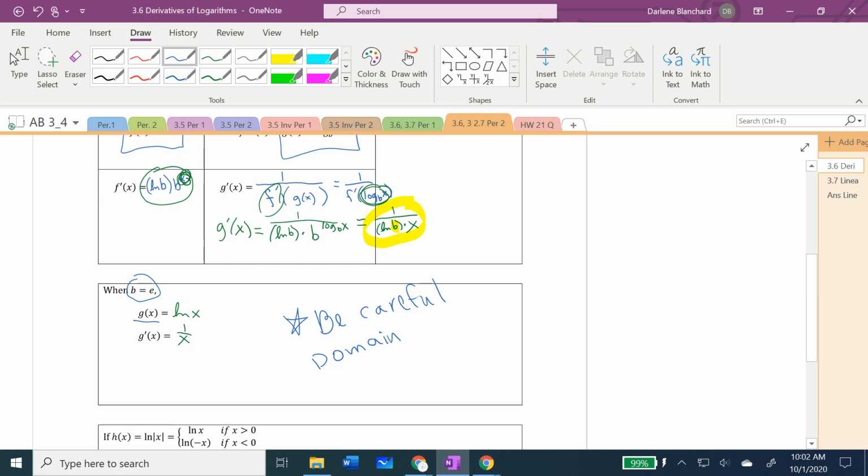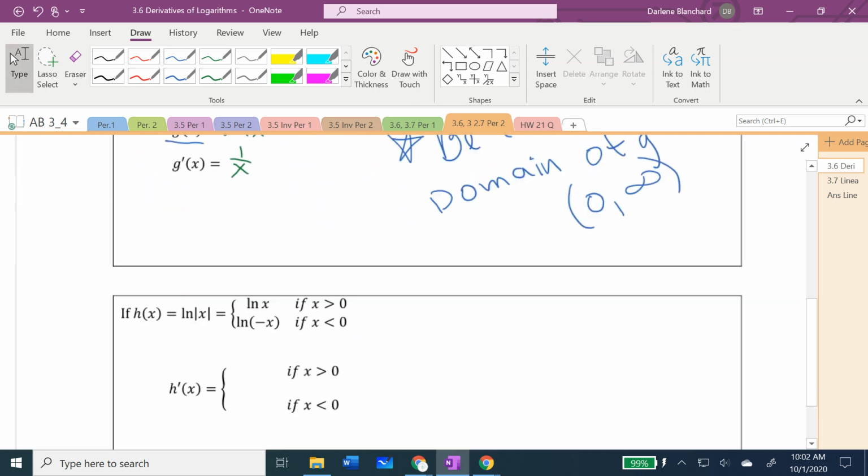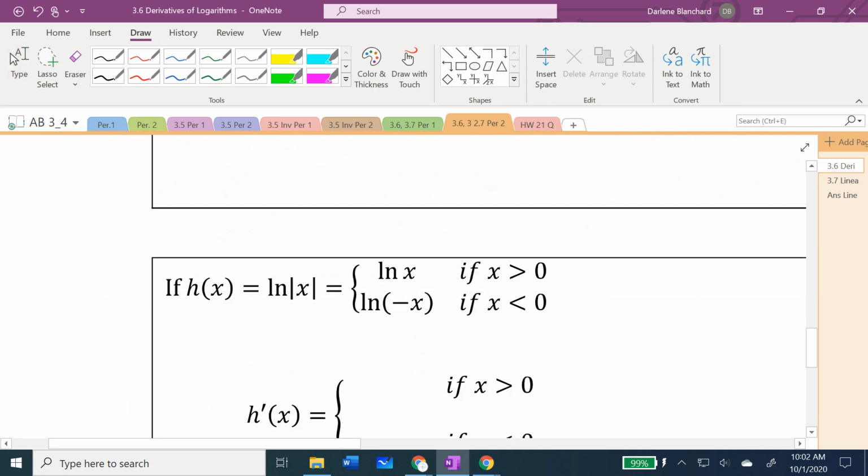And I'm saying if g of x is natural log x or log base b of x, the domain of g prime is 0 to infinity. If I want more domain than that, I need to look at this h of x function.